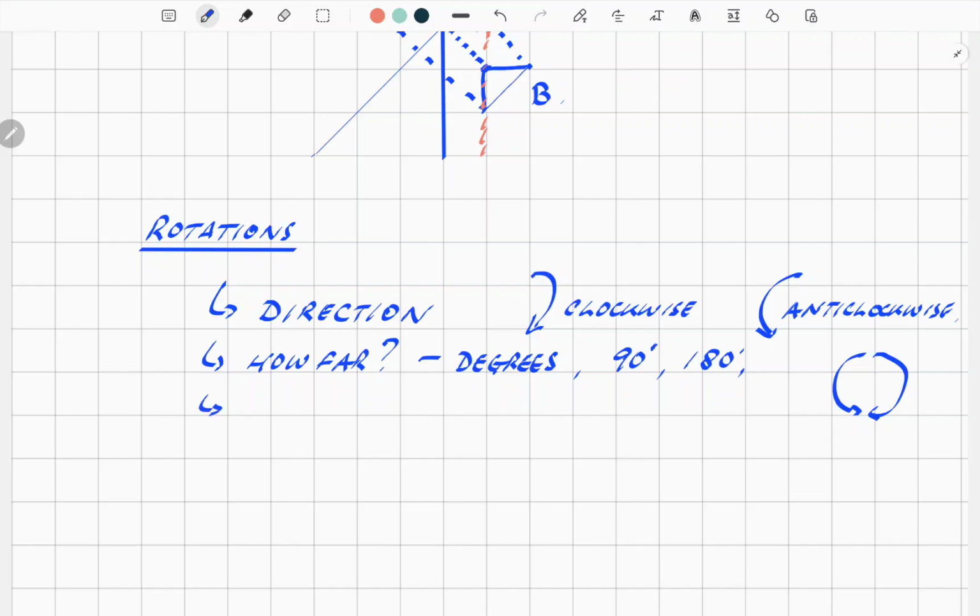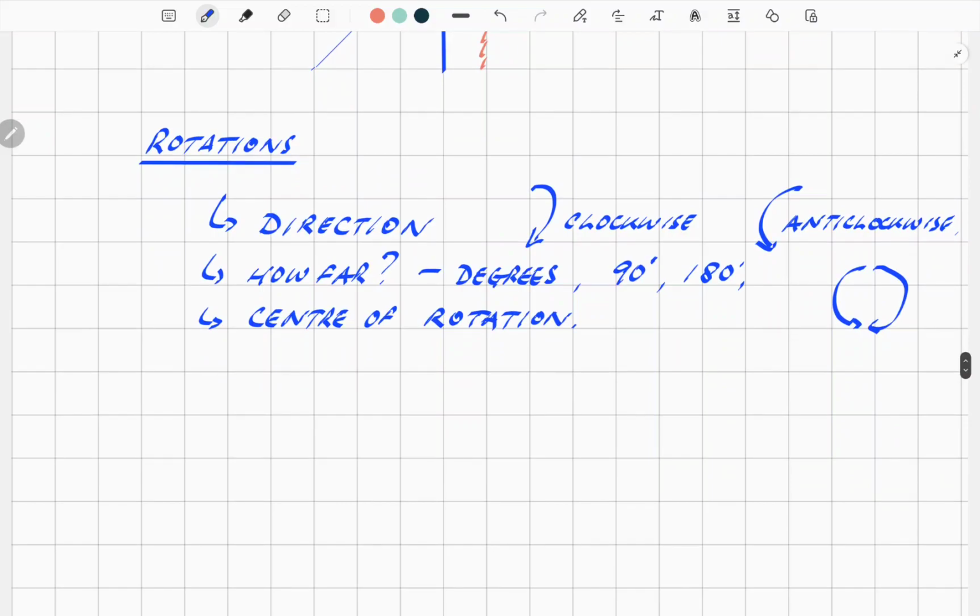Lastly, the thing that confuses most people is what we call the center of rotation. In other words, that's the point about which you are rotating it. And this particular one is best demonstrated with an actual example.